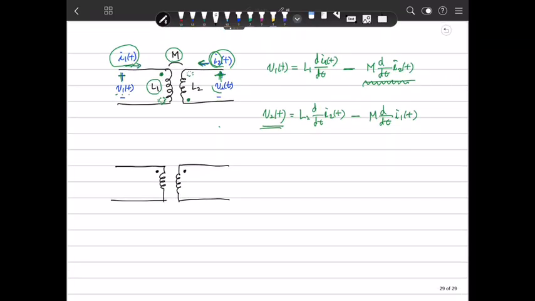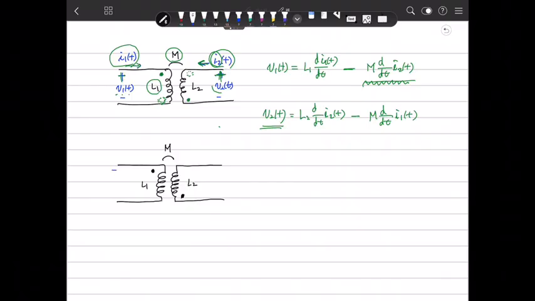And in another case, we can make another example. Here, this time, this is the dot here, and this is the dot here, and we choose M, self is L1, this is L2.